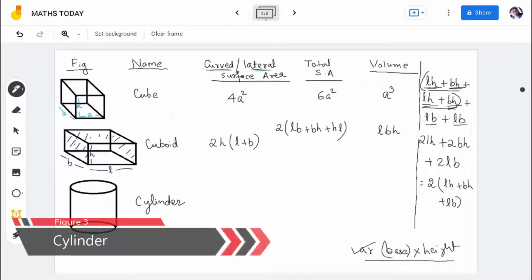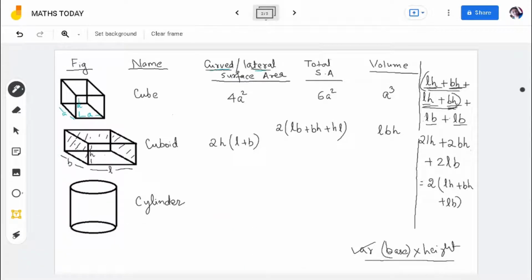Now how does a cylinder form? At the top and the bottom there are circular faces, and the part all around constitutes the cylinder.